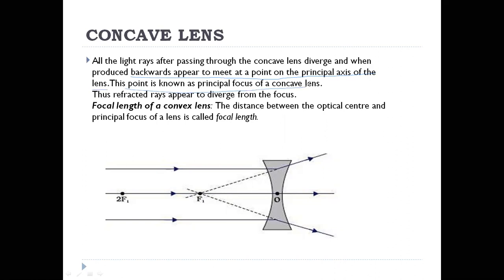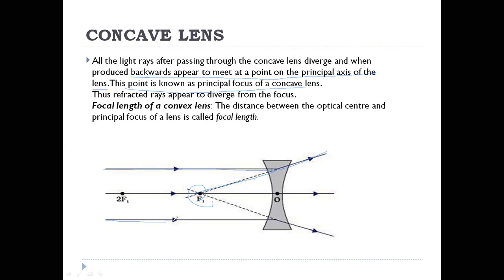This point is called the principal focus. Means the parallel beam of light which is parallel to the principal axis diverges after refraction, and if we come backward from this point, it appears to meet at a point. This point is called the focus of a concave lens.